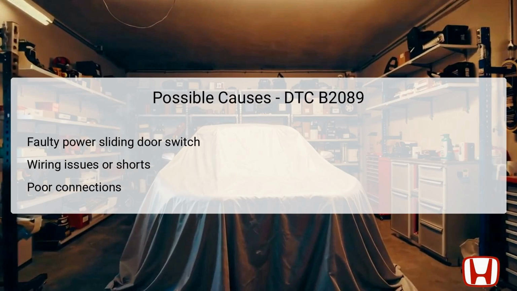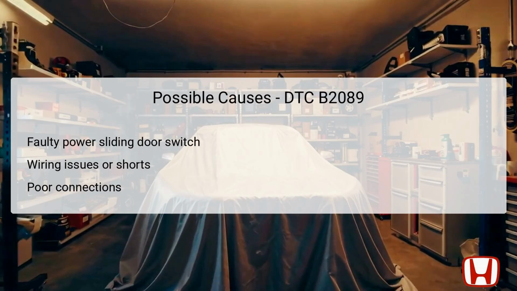Several factors can lead to the DTC B2089 appearing in the system. Firstly, the power sliding door switch itself may have malfunctioned, preventing accurate signal transmission for opening or closing the door. Secondly, any wiring issues, including shorts or frayed wires, can hinder proper communication between the switch and the vehicle's control system.